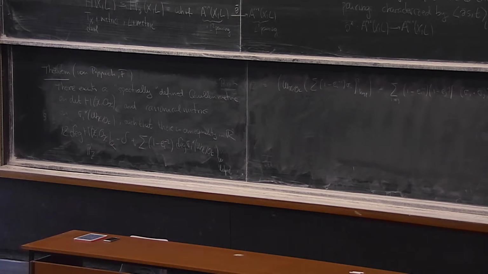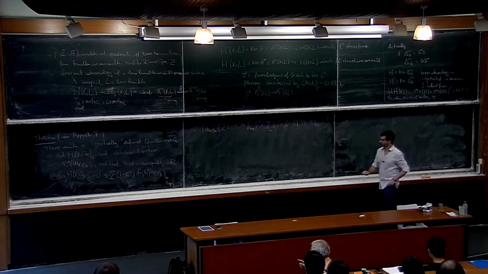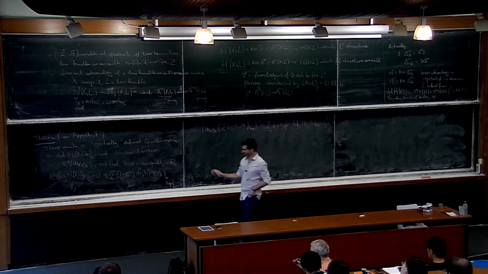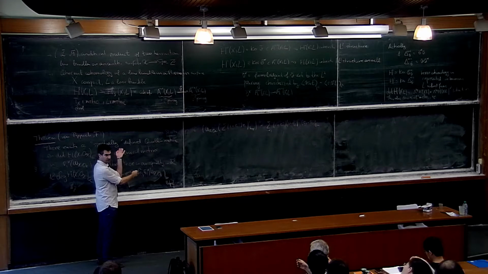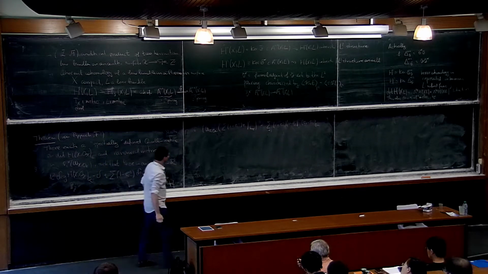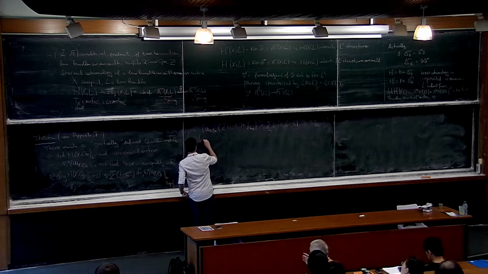So only in arithmetic situations do they have a meaning, like Faltings heights or whatever. So in any case, in this kind of statement for modular curves, this will be an extra source of L-values. Okay. So let me explain the Wolpert metric.